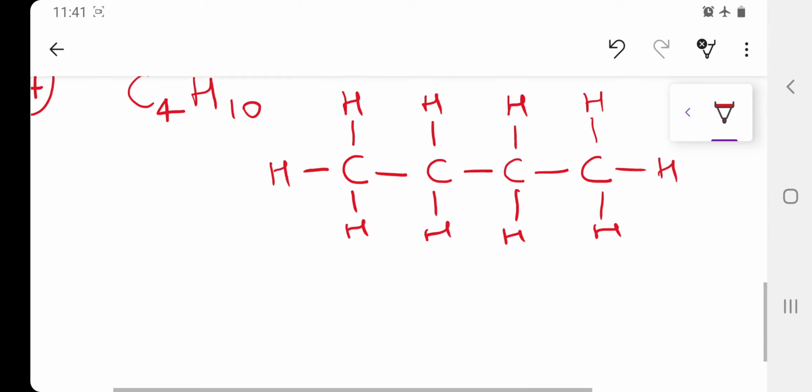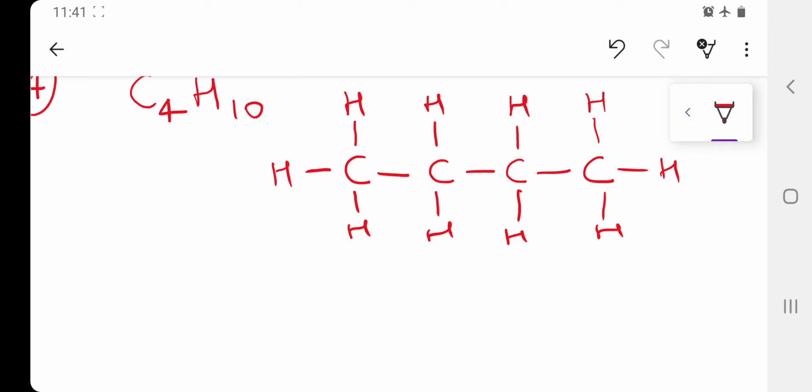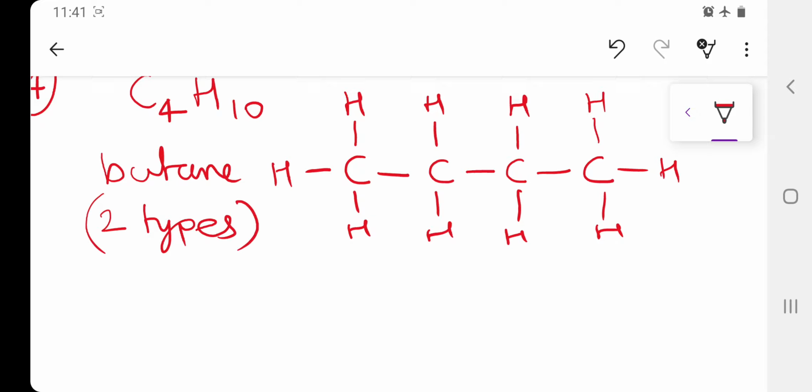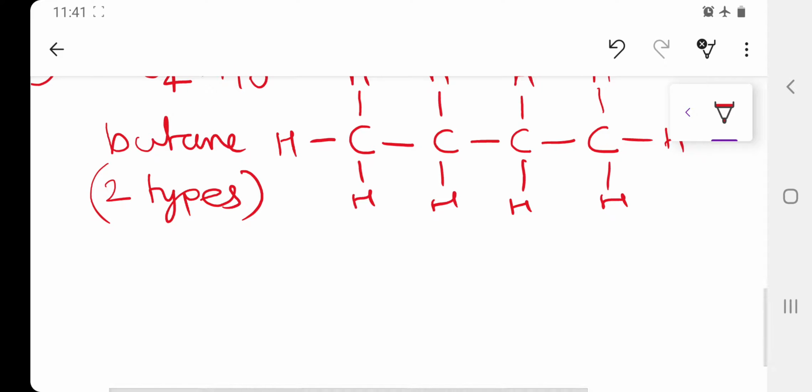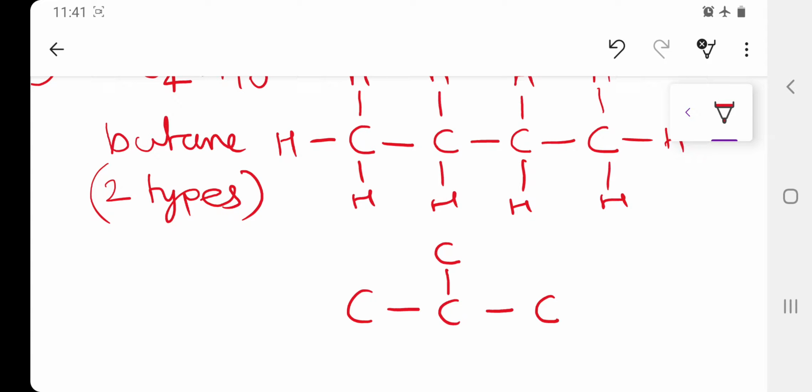Now if it is so, then this C4H10, that is butane, can be represented in two ways, two types. Butane has two types: one in which carbons are attached in a straight chain, and another way in which carbons are attached like this. This is also butane. That means same formula but the structure is different.